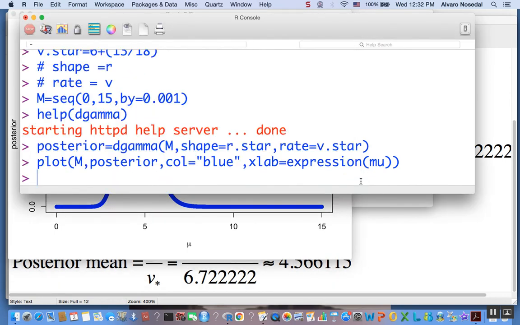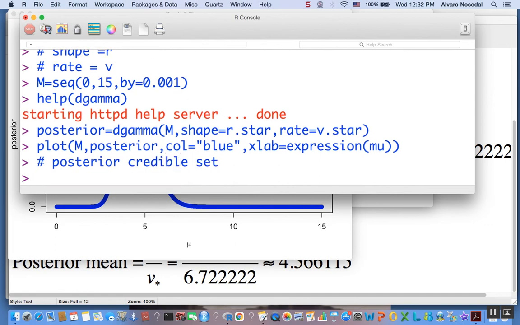And how about finding a posterior credible set? Using the qgamma function, we're going to find two quantiles. Let's find a 95% credible set.